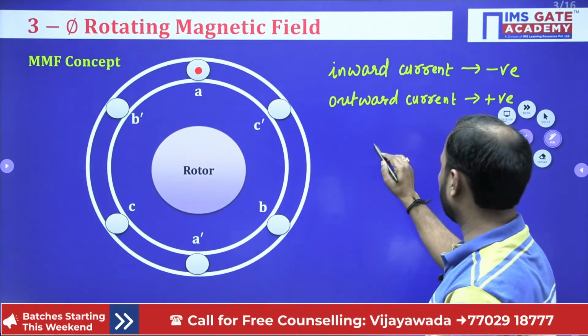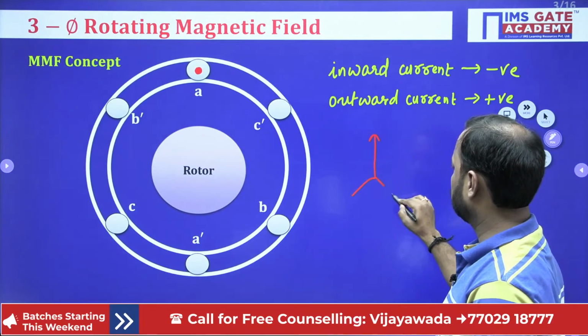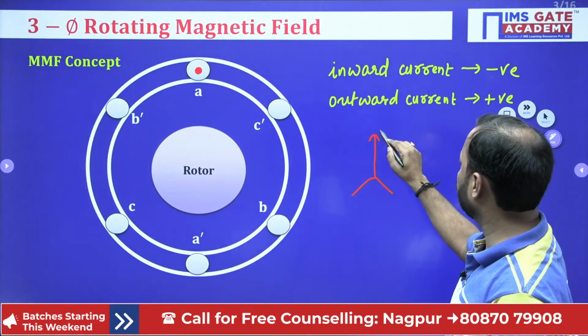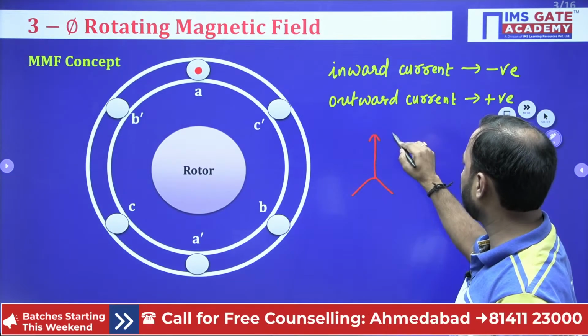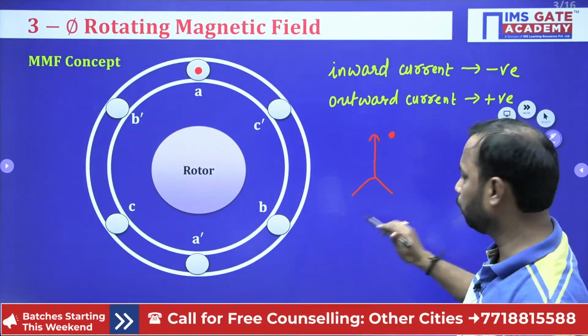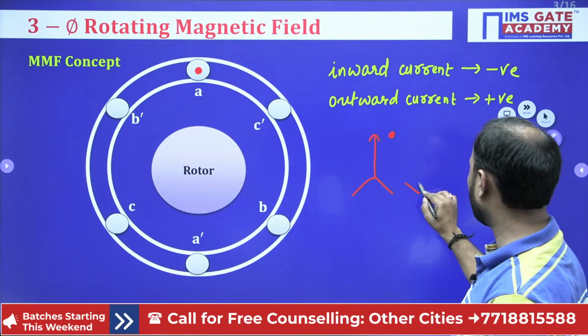So like in the arrow of the bow, if this arrow comes towards you, you will see the front part of this, so this will look like dot, and if this arrow is moving away from you, you will see the end part which looks like a cross.